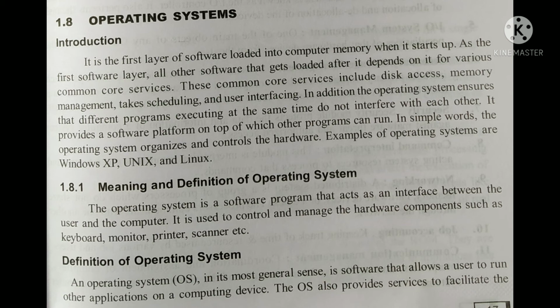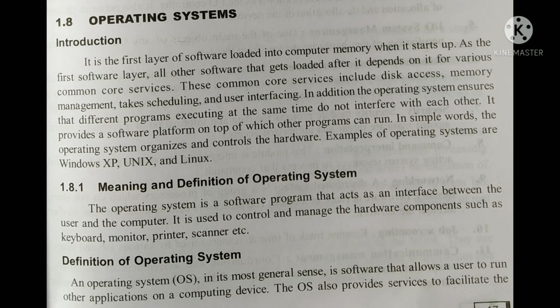Meaning and definition of operating system. The operating system is a software program that acts as an interface between the user and a computer. It is used to control and manage the hardware components such as a keyboard, monitor, printer, and scanner.